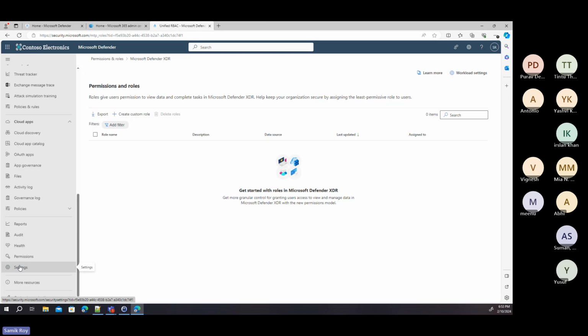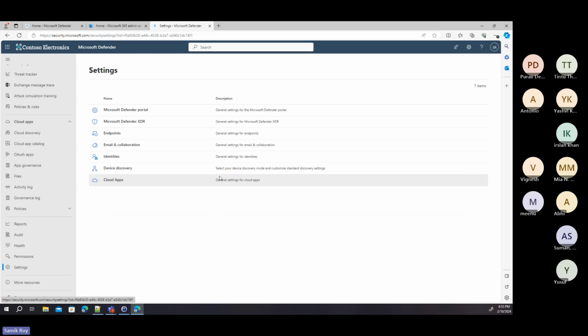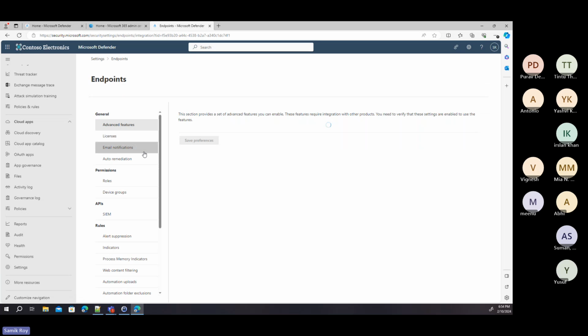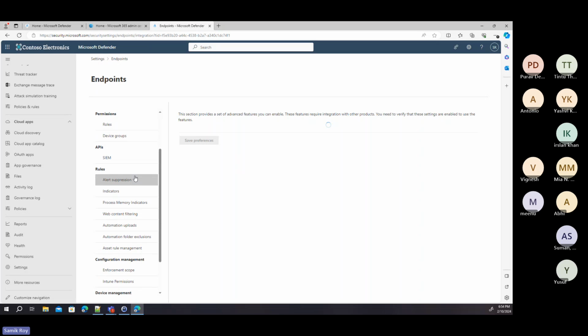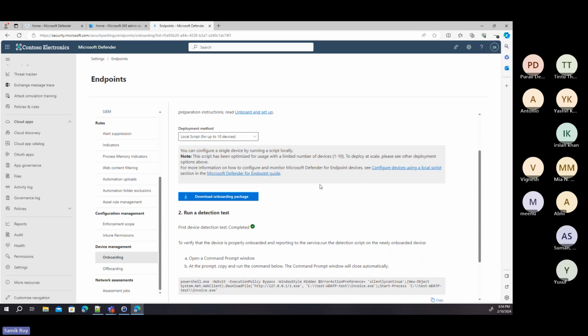And the next part is the settings. As the Defender portal is a combination of multiple products, you see product-specific settings. For example, if we want to onboard endpoint devices, those settings are going to be under Endpoints, and the secondary left navigation comes in, and we can go to onboarding and see all the settings over here.